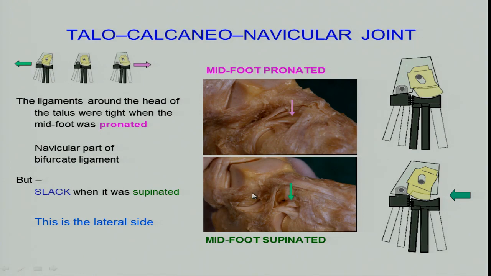The cervical stayed tight. The cuboid part of the bifurcate remained tight. But the navicular part was slack, and if you can see in there, so was the interosseous. So the ligaments around the head of the talus that were controlling the talo-navicular joint became slack when the middle of the foot was supinated and outwardly angulated.